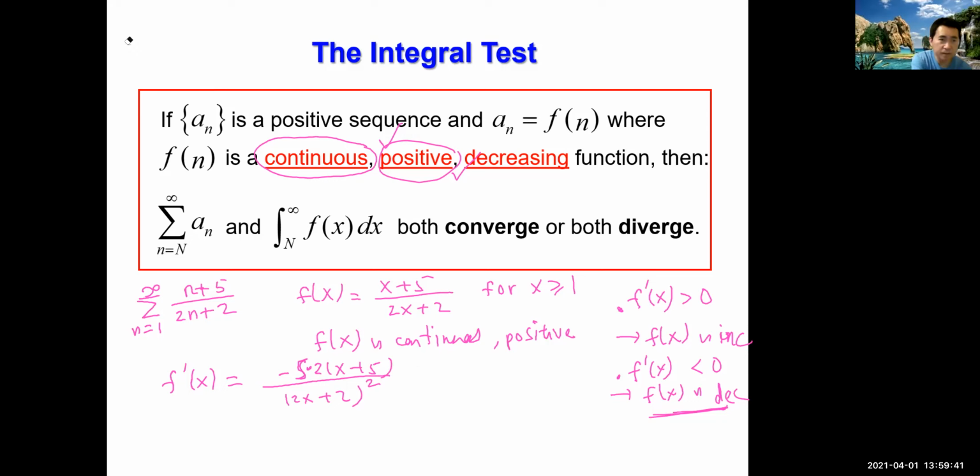Now I need to convince people that this derivative has to be smaller than 0.